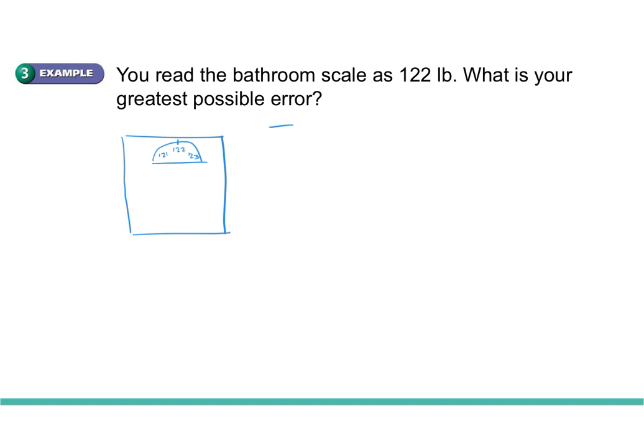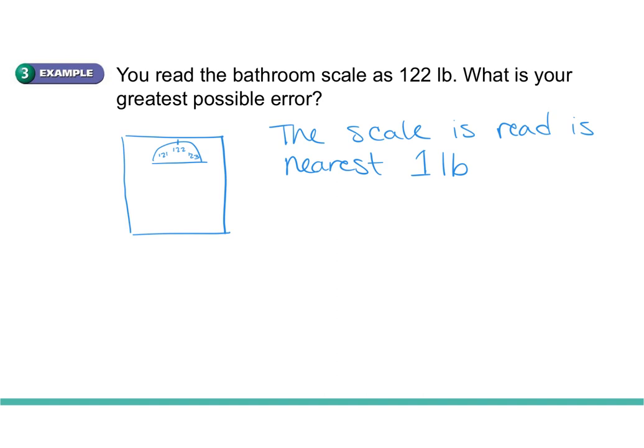So the scale is read to the nearest 1 pound. Okay, so most scales, they're read to the nearest 1 pound. Sometimes you'll get a digital scale that might read it a little bit differently.